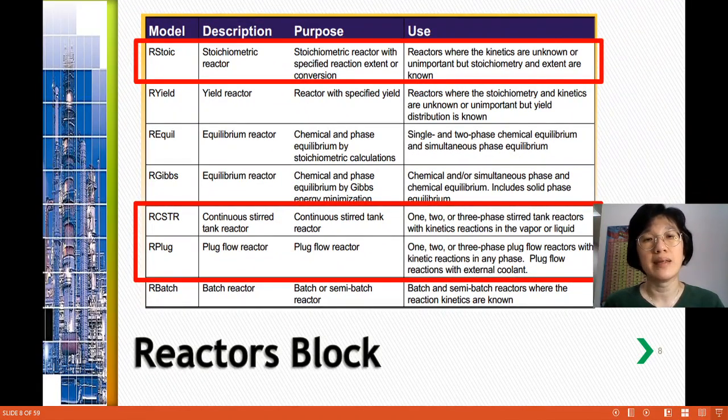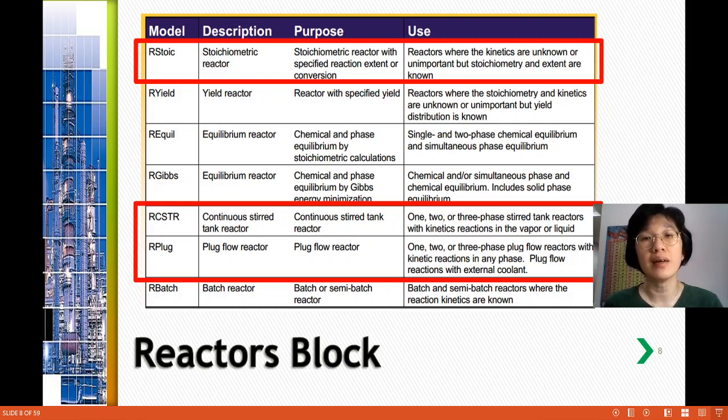A little bit of description of each type of model here. So we have R-Stoich and R-Yield for the balance-based reactor, and our focus would be on R-Stoich, RCSTR, and R-Plug. So our focus will be on these three, but the others will be introduced to you in terms of their description and also limitation.